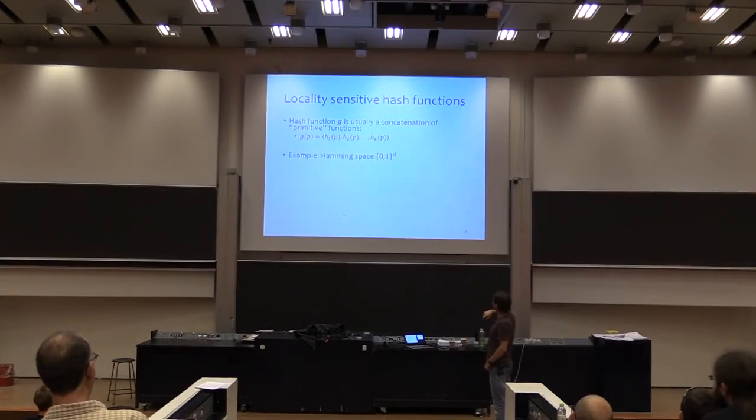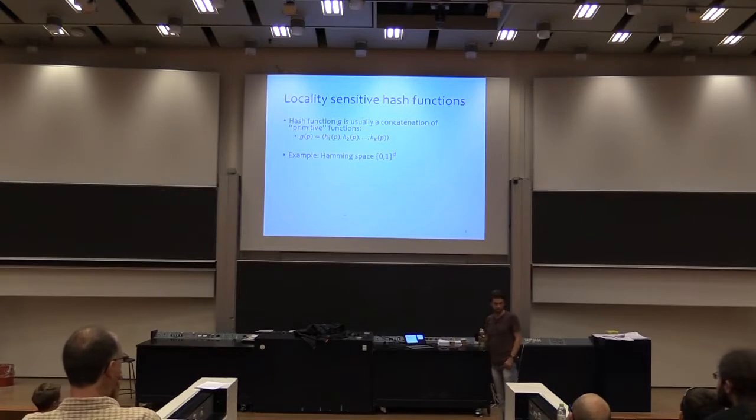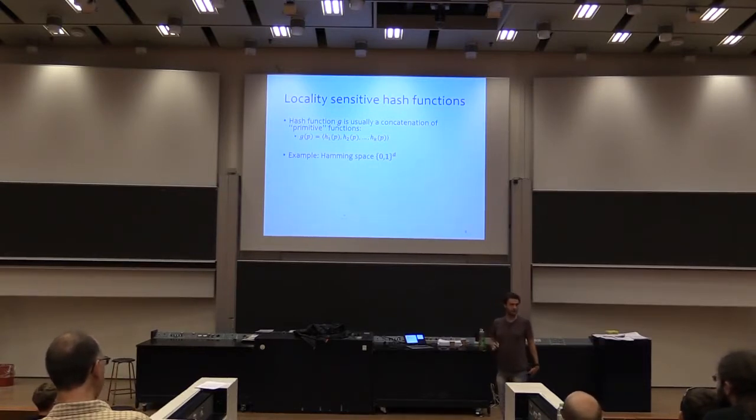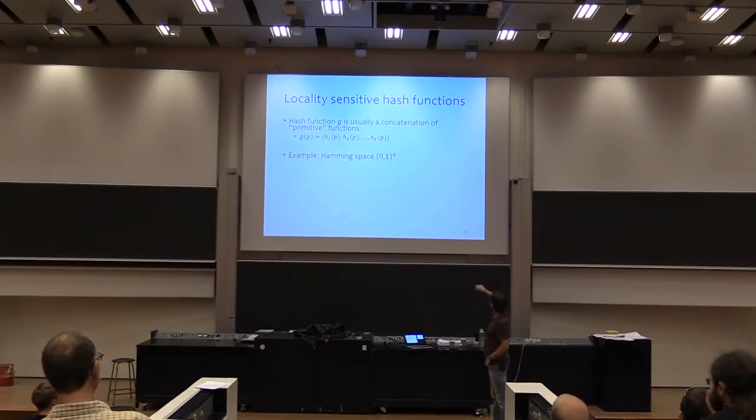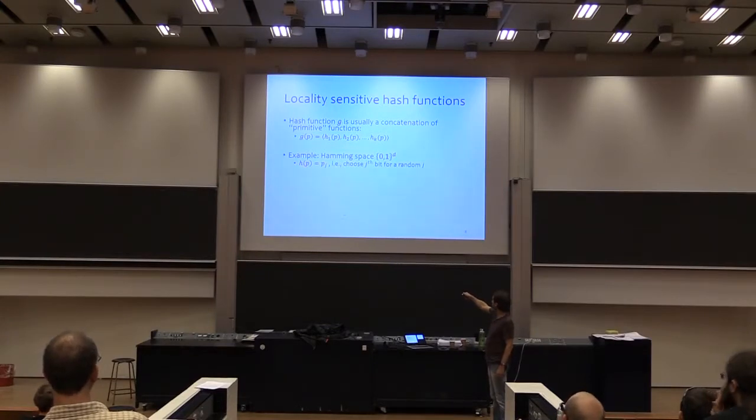Just to give a very concrete example, suppose we are working on nearest neighbor search in Hamming space, not Euclidean, and it is d-dimensional Hamming space. Here is a simple primitive function that we can use: the hash function for a point P just projects on coordinate J, where J is chosen randomly.